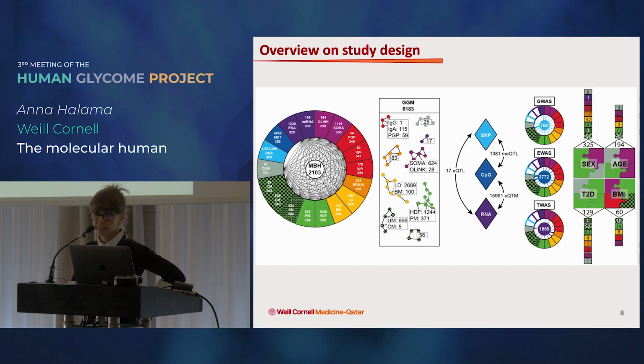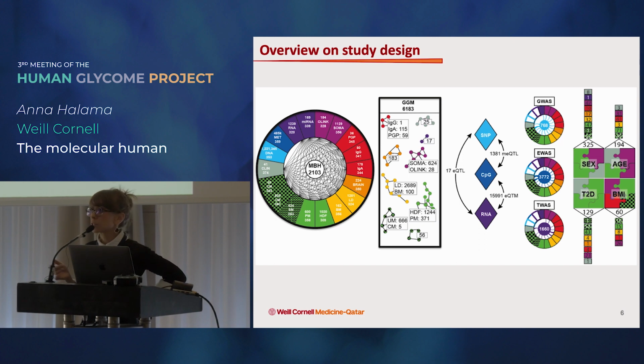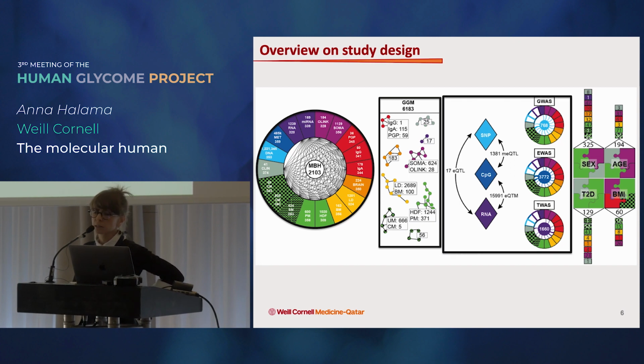So what you can see here, we started with the mutual best hits. And this is a hypothesis-free approach, where you can look for molecular orthologs. We also applied Gaussian graphical models, which enable inferring the interaction between the molecules. In addition, we conducted association between glycome, epigenome, and also transcriptome and genome.